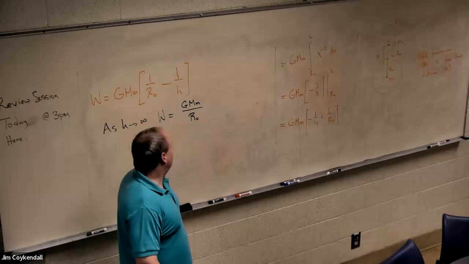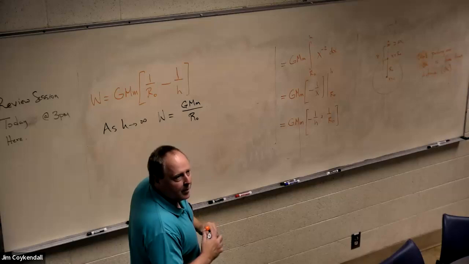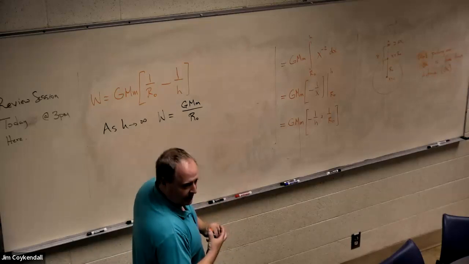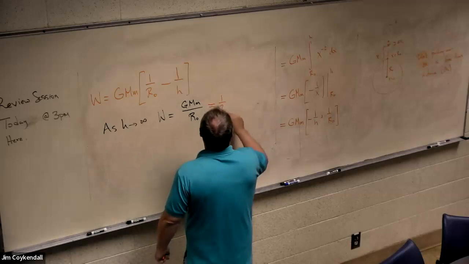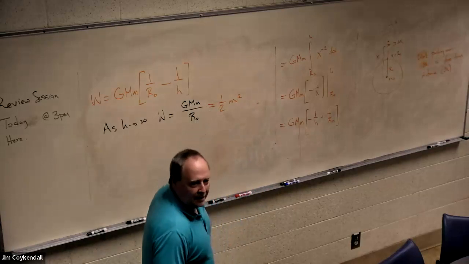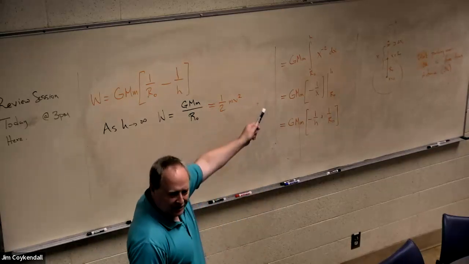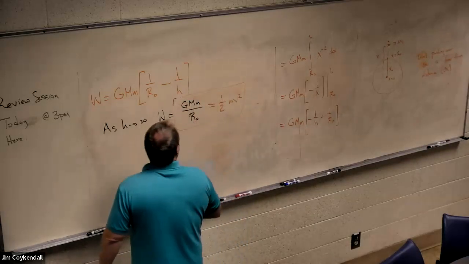So what's your escape velocity? This is the work that it takes me to push you away from Earth to infinity. So set that equal to the kinetic energy and solve this for v.